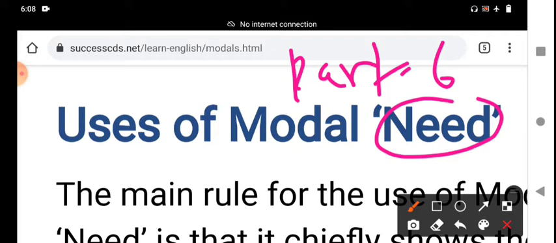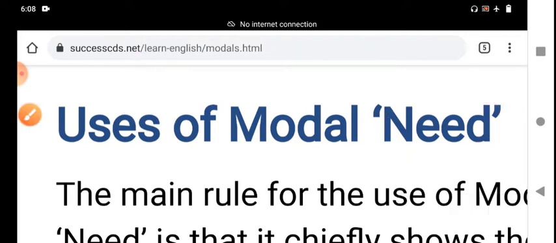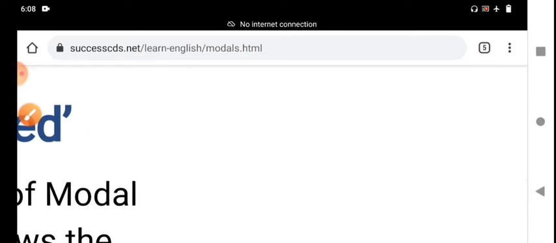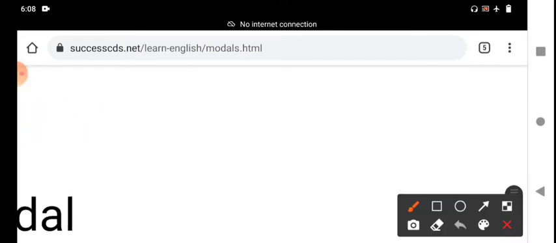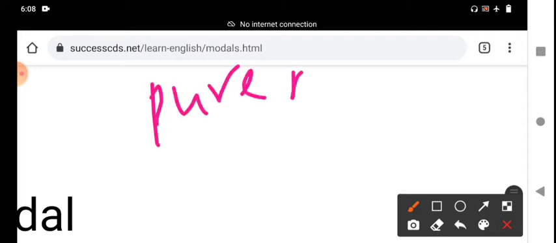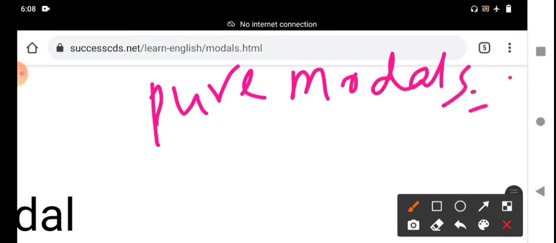modal verbs: there are 13 in number, but there are two kinds. One is pure modals. Pure modals are 9. What are the pure modals?